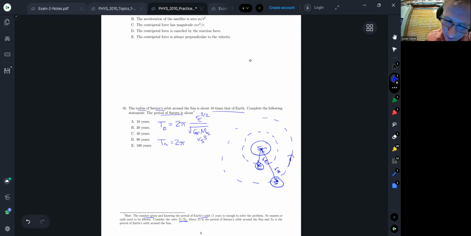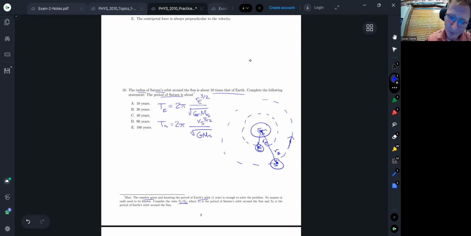So radius of Saturn's orbit to the 3/2 over what goes down here, the same GMS, because we're also talking about Saturn's orbit around the sun, which is that MS.